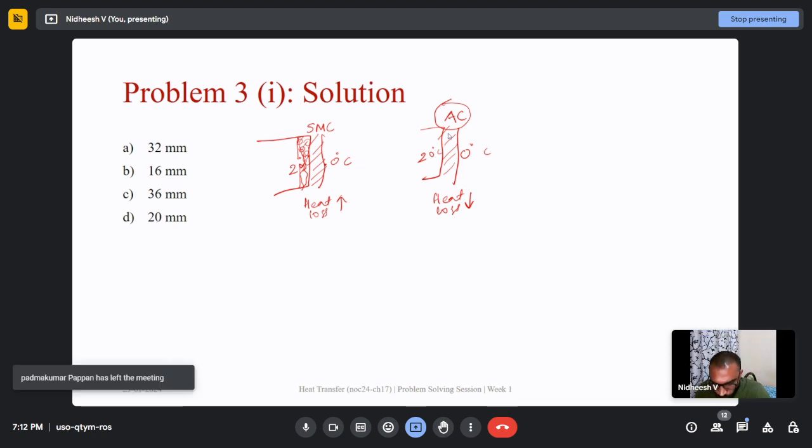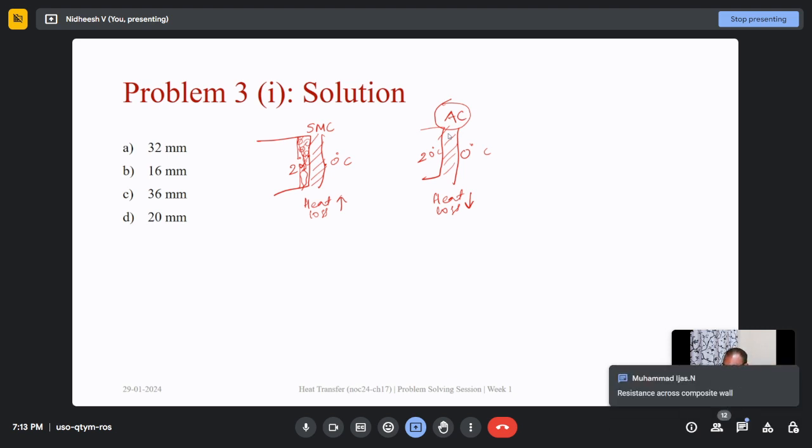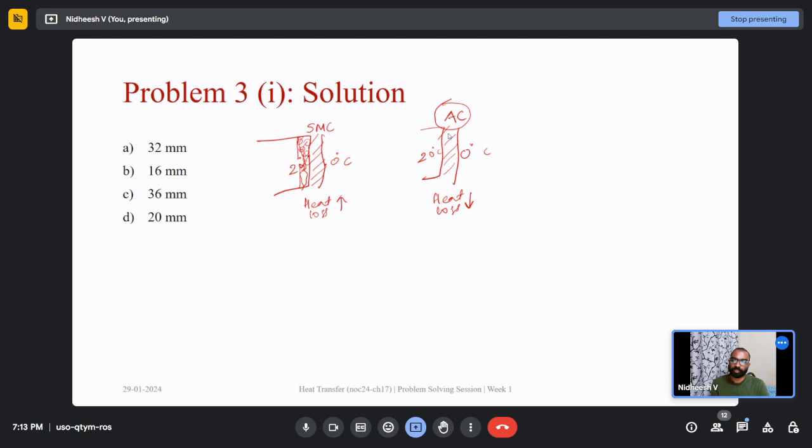We need to equate the amount of heat conducted through the aerated concrete to that for the second case, where we have considered the polystyrene sheet. So we need to do the energy balance, sir. So by doing the energy balance, we need to find the thickness. Okay, yes, you are right. In both the cases, what is equal? The heat flux, we are trying to make it equal, right? The heat loss, we are trying to make it equal.